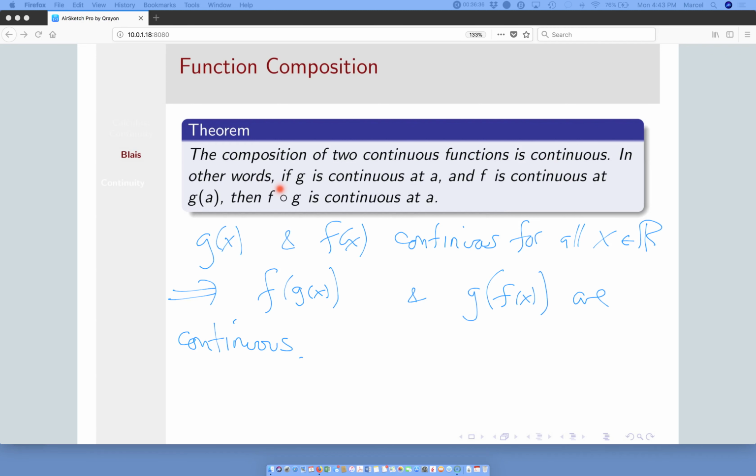Here, this is a little bit more particular of a definition because we're talking about at a point x equals a. And we're saying, notice we're saying here that g is continuous at a, so that gives you g of a.